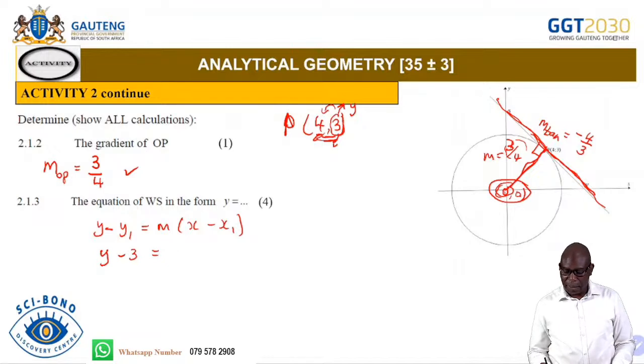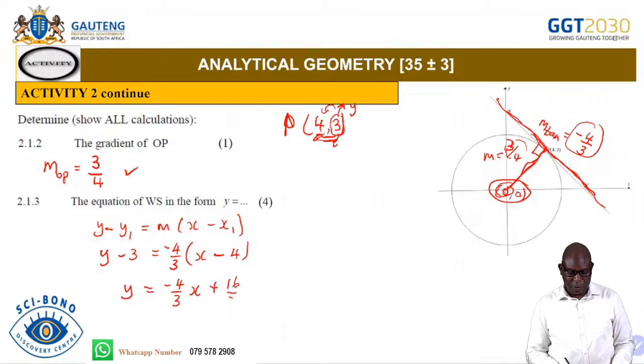My gradient is negative 4 over 3, x minus my x1, which is 4. So it's negative 4 over 3x times that, which is positive 16 over 3.